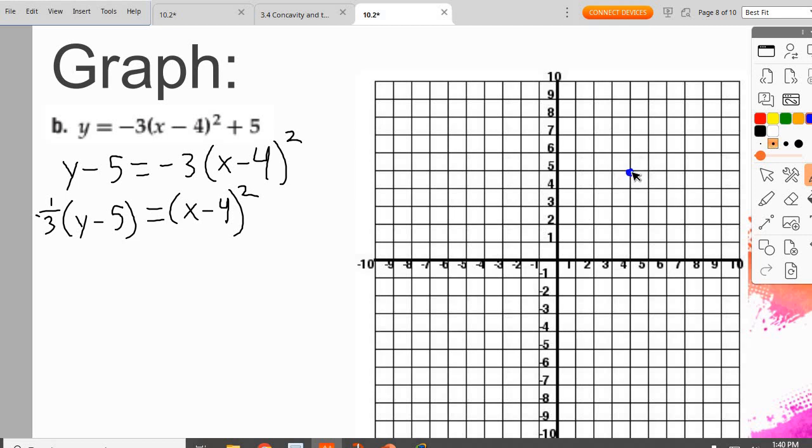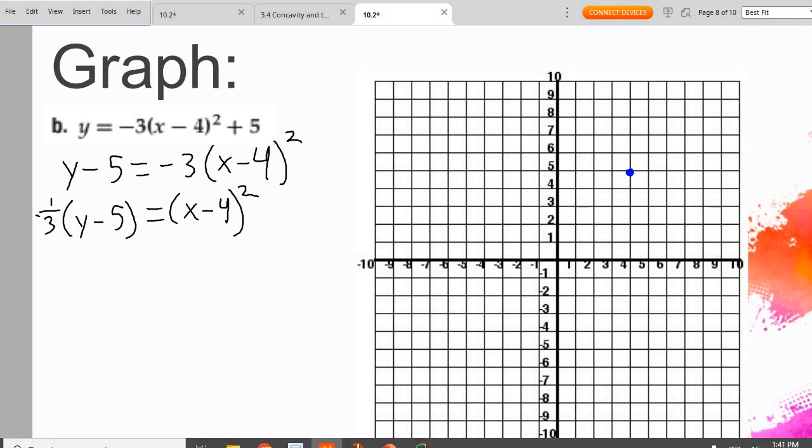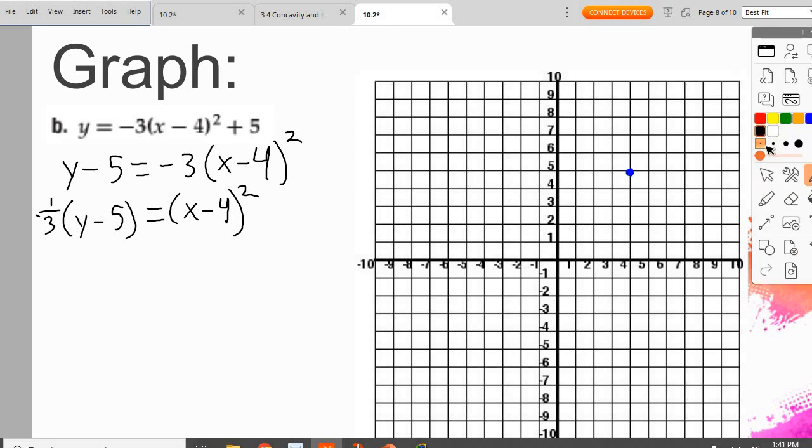Which direction are we opening? Upward. Correct? You sure? Downward. What would our c value here be? So 4c equals negative 1/3.